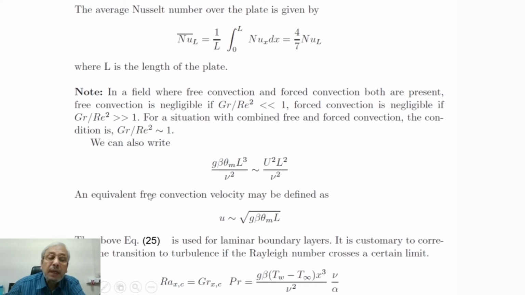And from here we get the free convective velocity scale, which is root over g beta theta m into L. The unit of theta m is temperature, Kelvin. Beta is 1 by temperature, 1 by Kelvin. These two cancel out. g is meter per second square multiplied by L, meter, so meter square by second square.